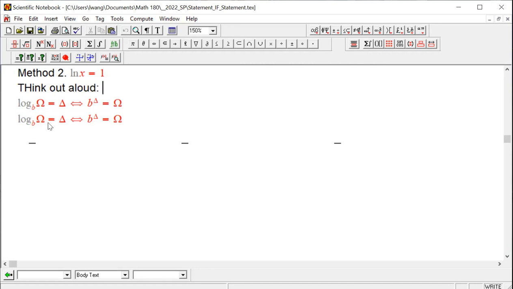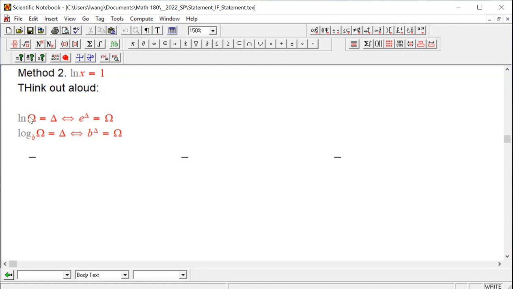Review of the definition. When this piece is e, let me put it here, closer to us. The base is e, and for e, this is ln. So now we have ln x equals 1.